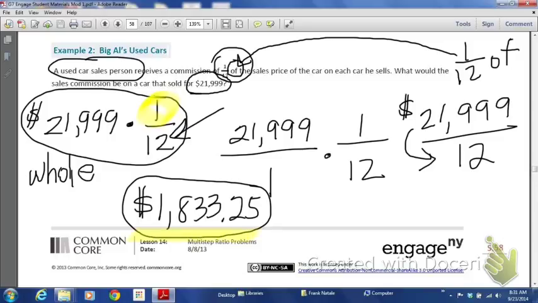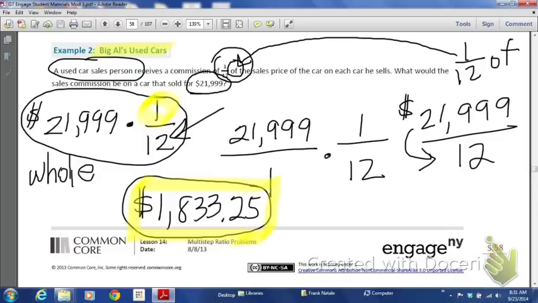Now, you do not remove this from anything. Now the dealer, the actual car dealer, the company that this person works for, Big Al's Used Cars, at the end of the month or whenever they do their bookkeeping, they're going to need to subtract this off of their profits because they had to pay this out to their salesperson, okay?